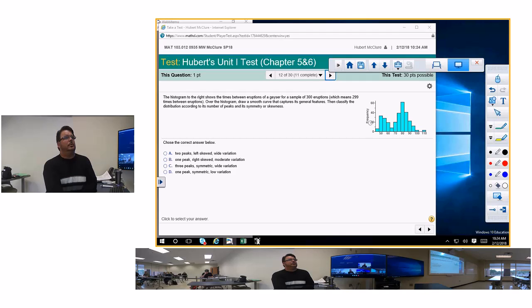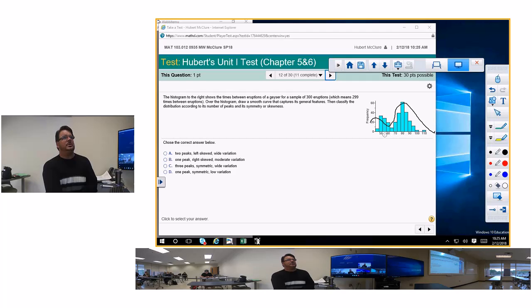So take your curve, that's what it looks like. Now, what is the center? What's between 0 and 100? Well, 110. Okay, first of all, this graph is not perfect, because what's between 50 and 60? 10.